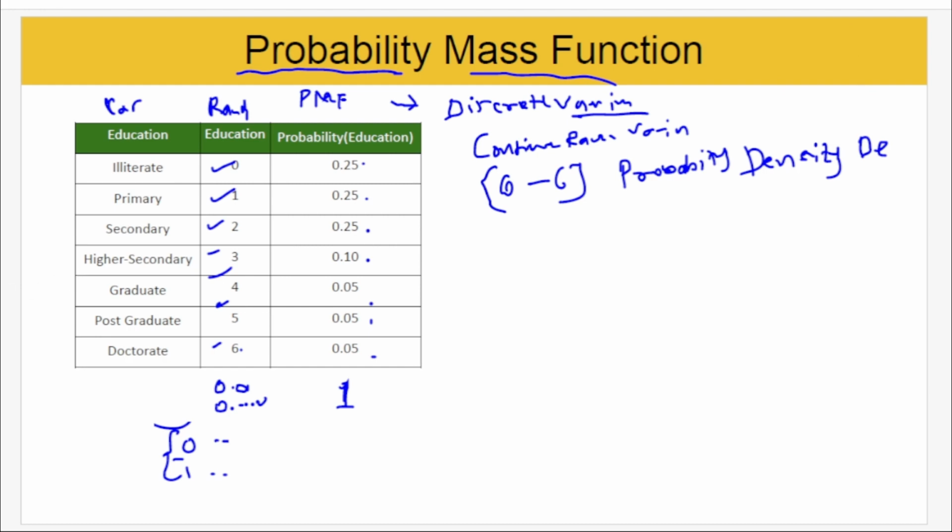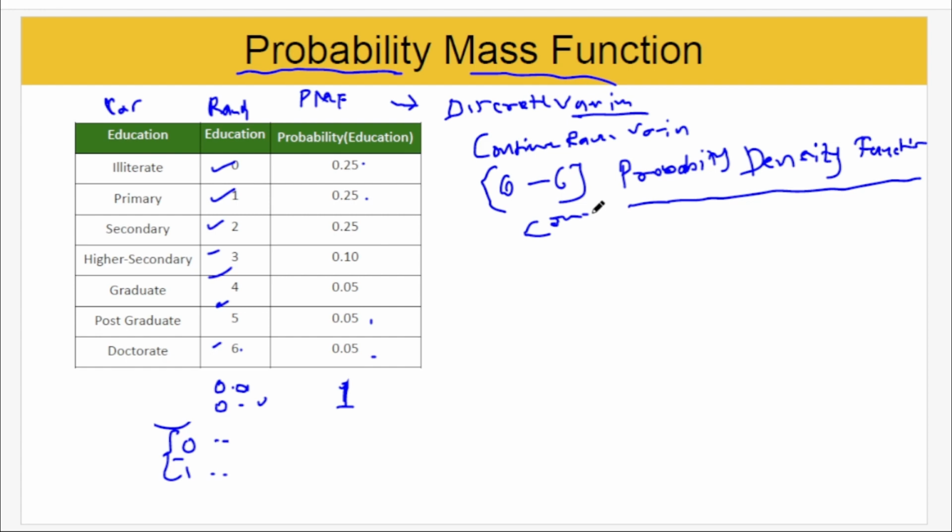Sorry, probability density function. So for normal distribution, we will say that it is a probability density function, for a continuous variable. Normal distribution is a continuous distribution. There are many.